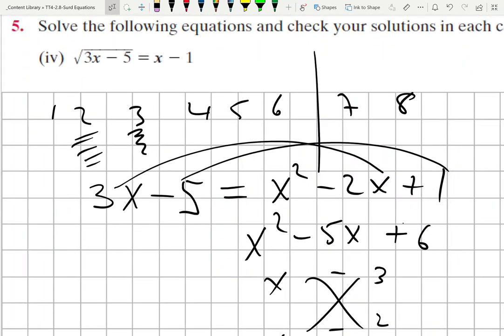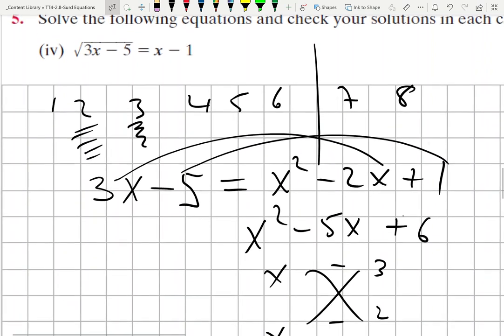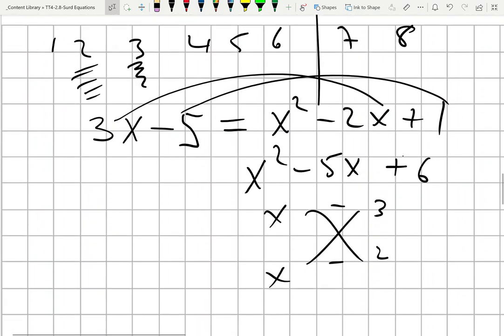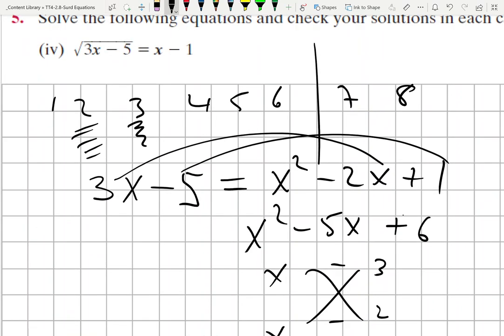And that's the beauty of using several tactics. Sometimes, you know, you make a conceptual error in one that's discovered by the other. So we'll try 3 now. You get root of 9 take 5 is equal to 3. Oh no, is equal to 2. Okay, so 3 works as well, so we have 2 answers.